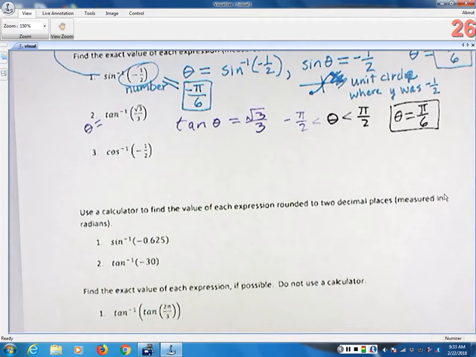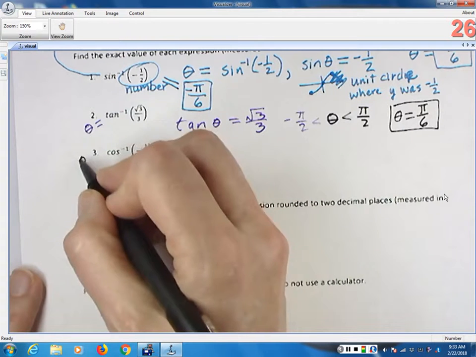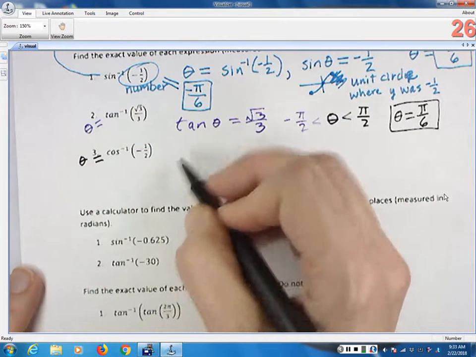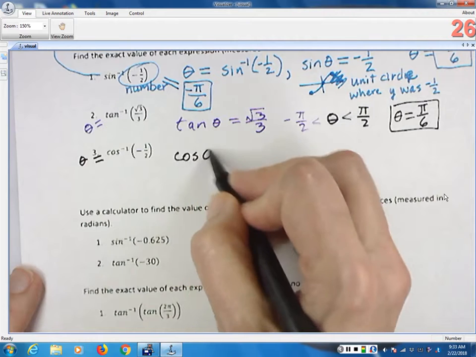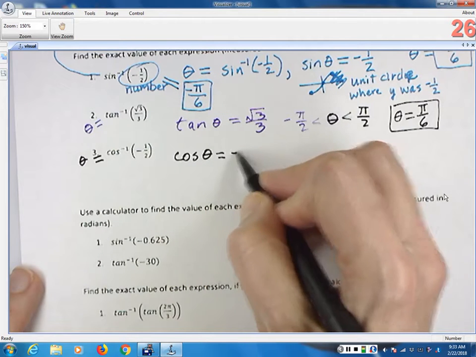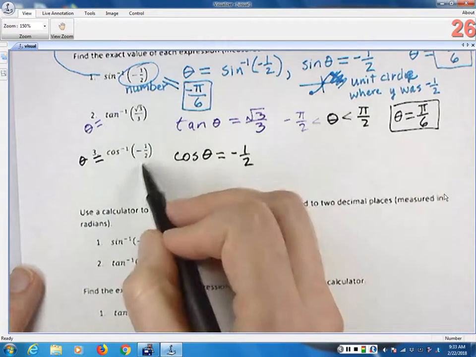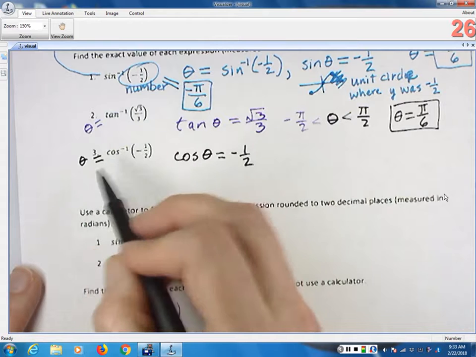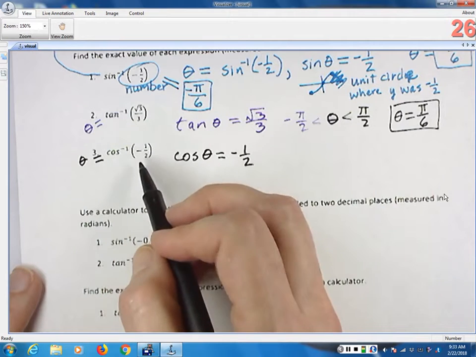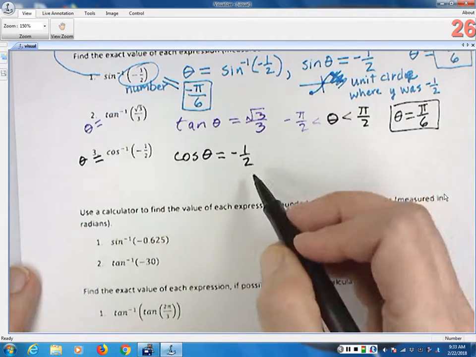And then the next one, we just write theta equals, then we write cosine theta equals -1/2. Remember, this is a number. What does this mean? The angle whose cosine is -1/2.